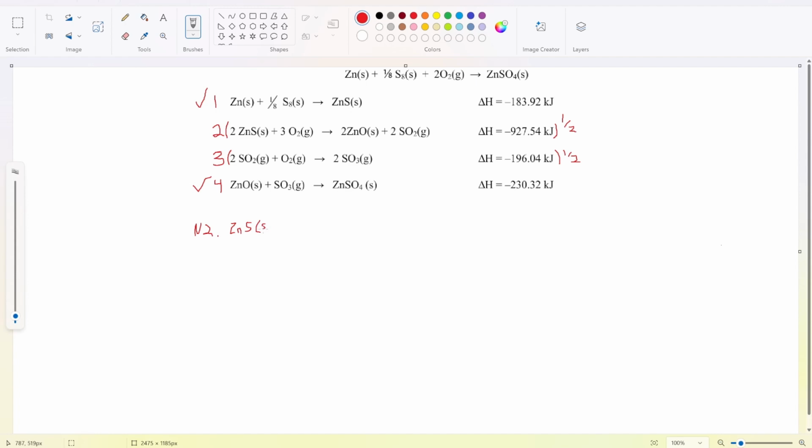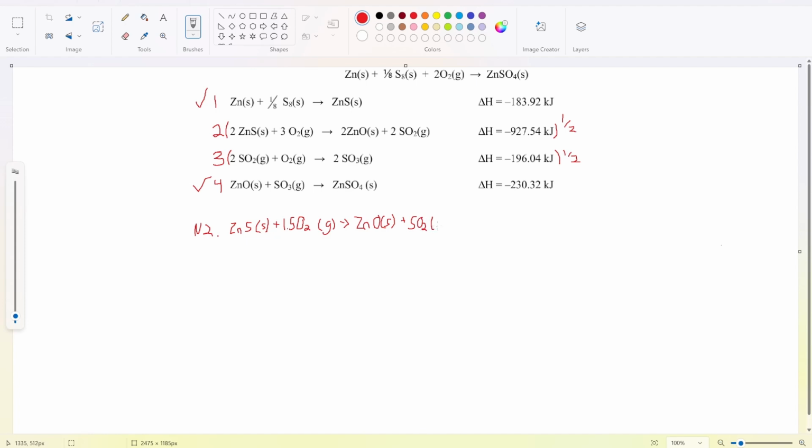Let me write the elements, I mean the type, 1/2 oxygen gas goes into zinc oxide solid plus sulfur oxide gas.